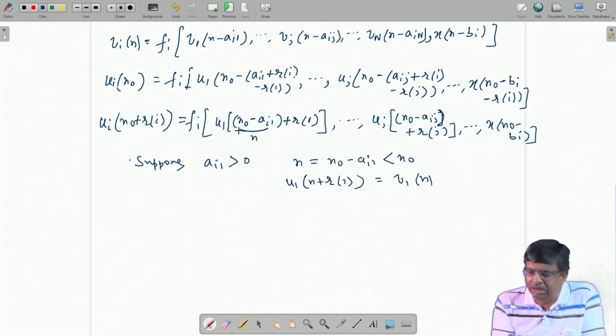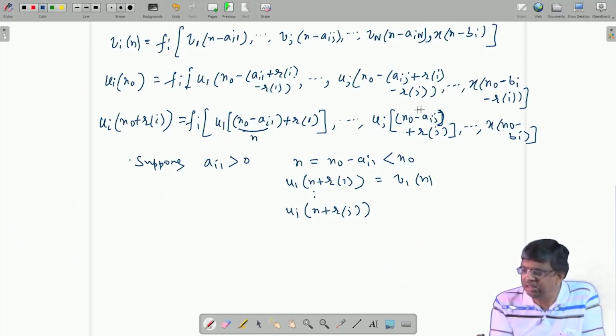Similarly, assume that all the delays are positive, this aij also positive. So, n naught minus aij, if you call that n, so again by the same token uj n plus rj, n is here n naught minus aij, suppose aij also positive.